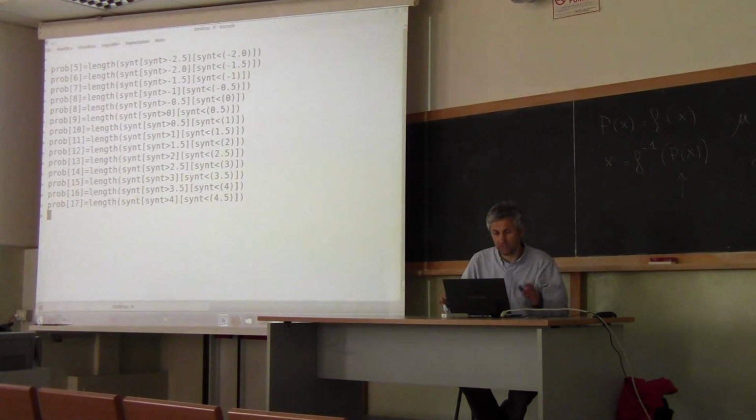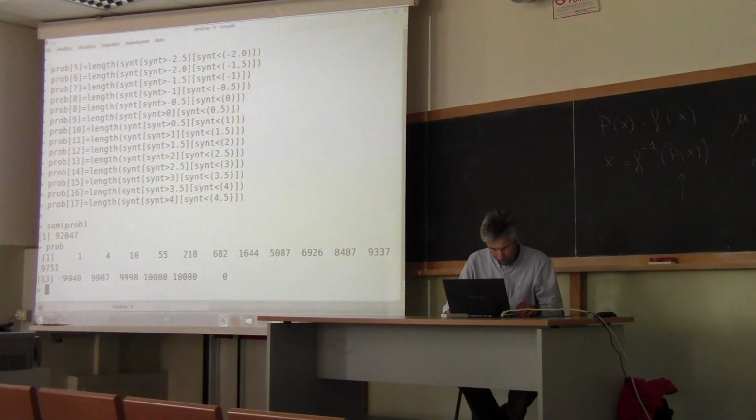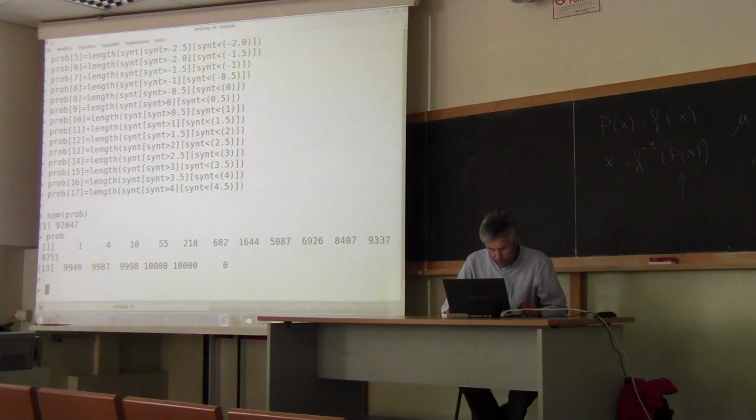Actually, I needed just 17 observations, but this is not a problem. Now, let me take the sum of probe, which should be 10,000. There is something wrong here. Let me see. It is wrong when it became positive.